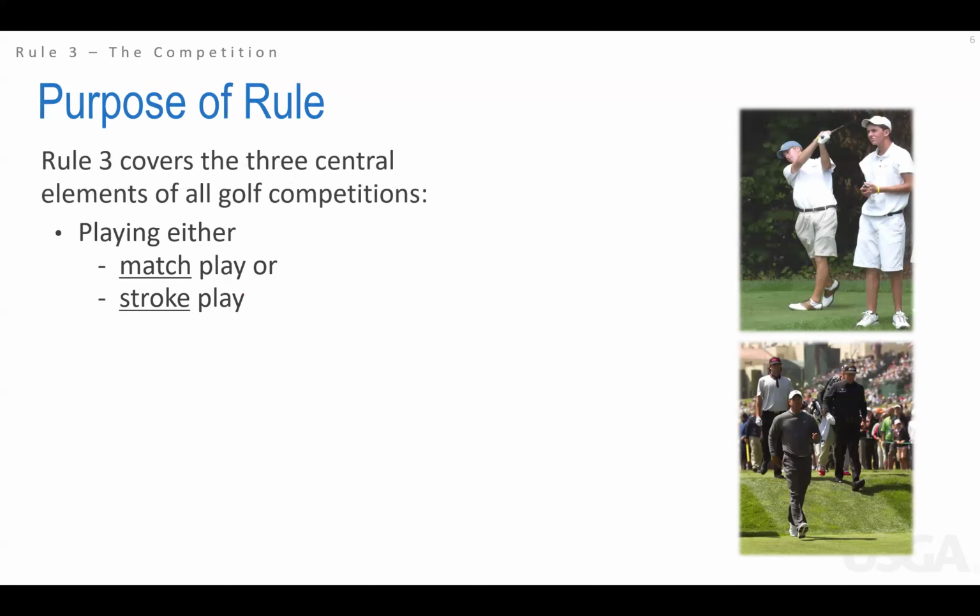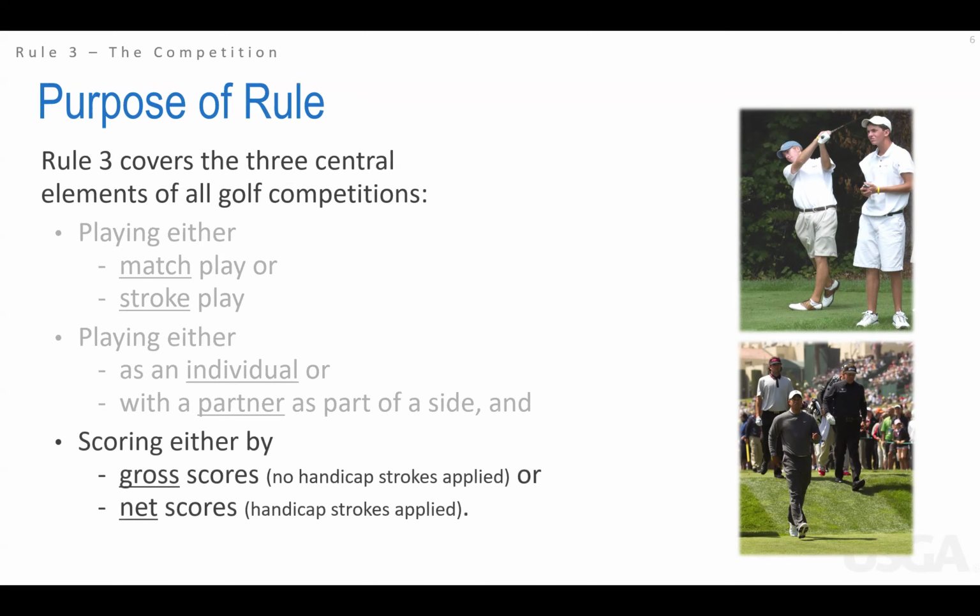The purpose statement for Rule 3 talks about three central elements of all golf competitions, how we play them. With these three things on the screen, we're either playing match play or stroke play. We're either playing as an individual or with a partner as part of a side. And we're either playing with gross scores, not using handicap strokes, or net scores, where we're factoring in handicap strokes.